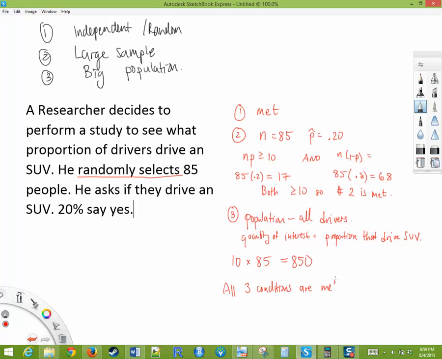Okay, so sometimes the problem does not explicitly state what the population is, and you just have to do a little thinking there. The population, you always know, is everyone relevant to the question. So this would be all drivers.